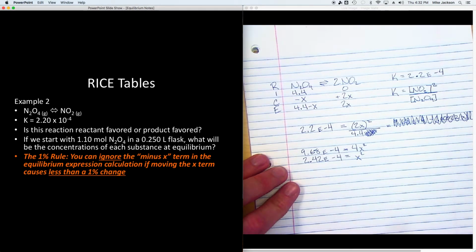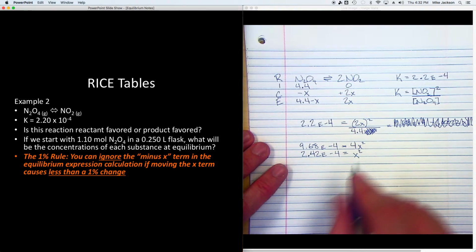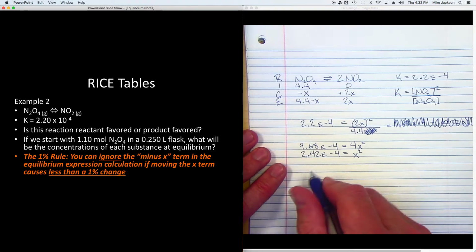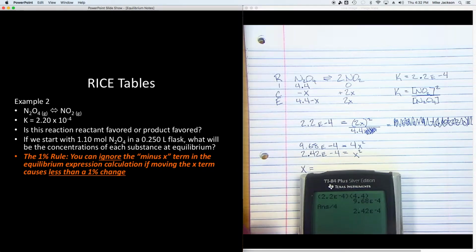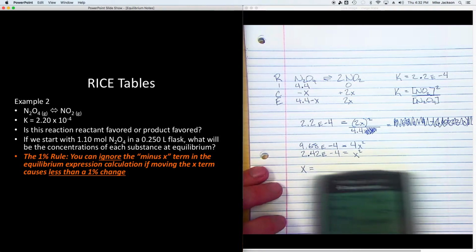I'm not quite done yet, so that's x squared. So the square root will give me my x value, which is 0.016.